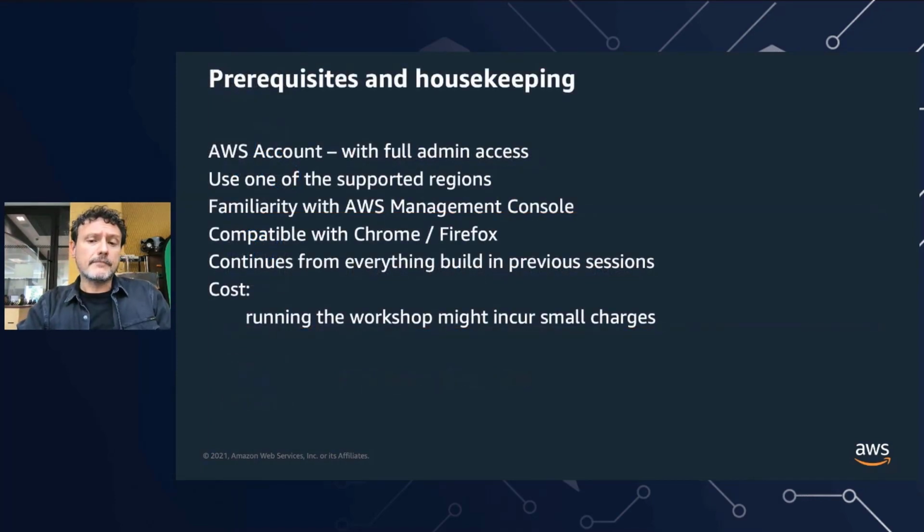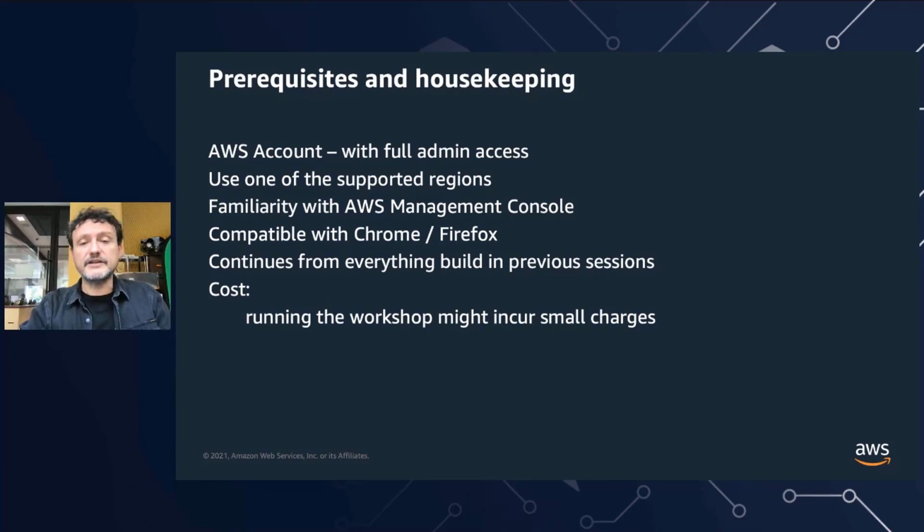Before entering into the proper discussion about the architecture, a few prerequisites to attend this workshop. These are all prerequisites that you need to complete the whole workshop, from session number 1 to this one, session number 5. As a quick recap, you will need an AWS account with full administrator access to complete the hands-on part.